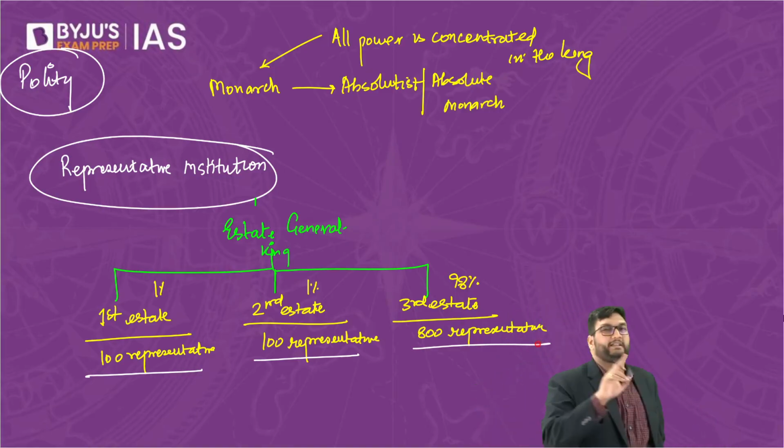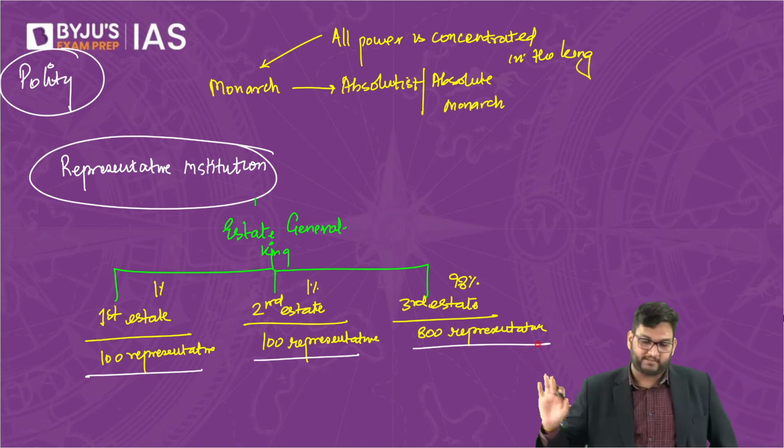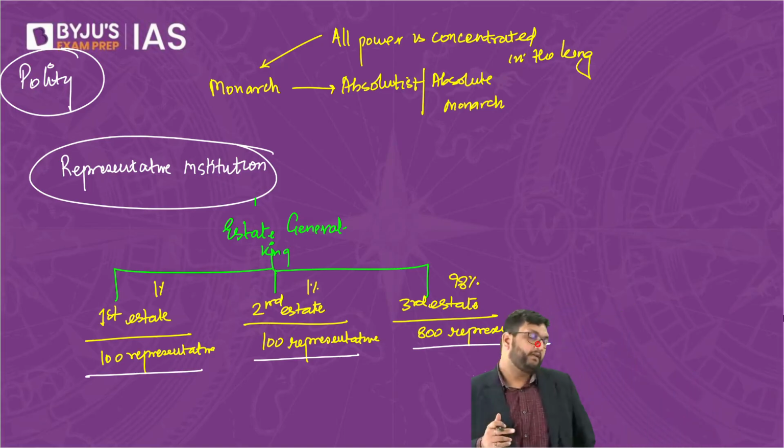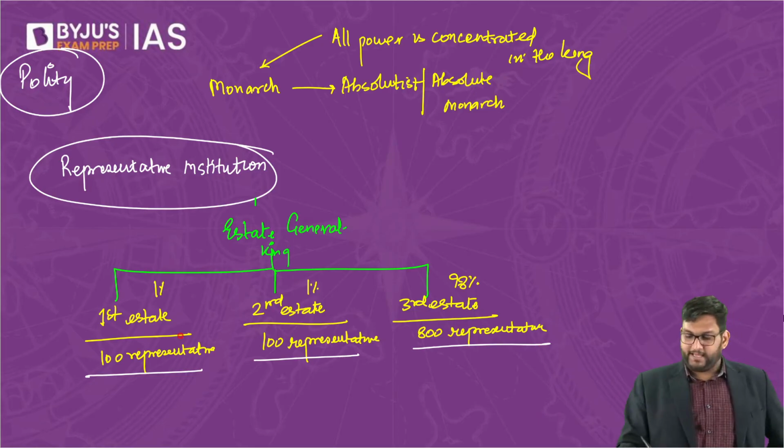We'll talk about monarchy and dictatorship later. There's a difference between consent and sanction. That's a different issue altogether. Third estate should win on numbers. But what they did was, they gave each estate one vote.